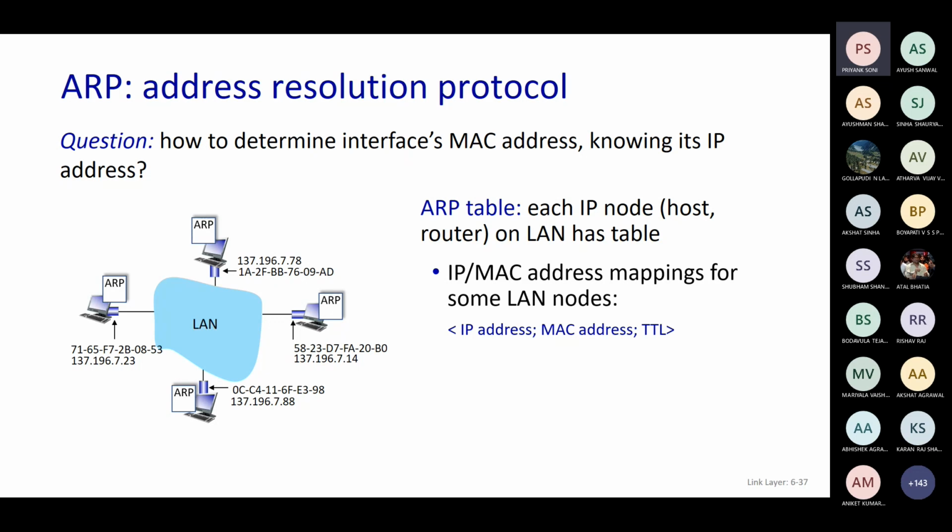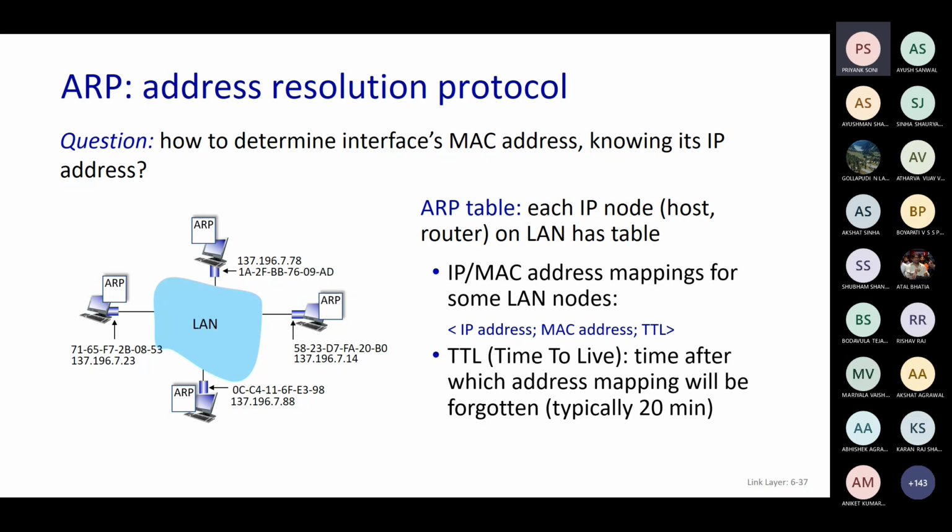So we have IP and MAC address mappings for some LAN nodes in this particular LAN, and it is given by a tuple of IP address, MAC address, and TTL, which is the time to live field, the time after which this address mapping will be forgotten. Just imagine if you keep all the entries as and when you update it.